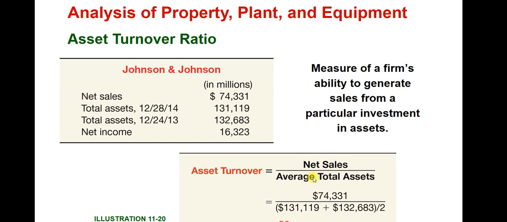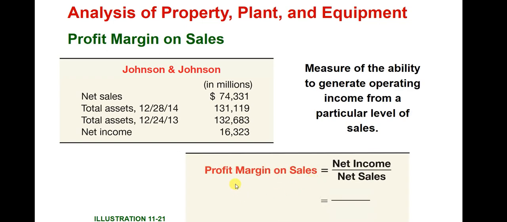Okay? The next one, profit margin on sales, is net income divided by sales. This one tells me for every dollar of sales, how much winds up as net income. So let's say you shove $1 into a soda machine. Let's pretend soda's $1 still. How much of that dollar you put in there winds up on the bottom line as income? In this case, I have my net income divided by my net sales.